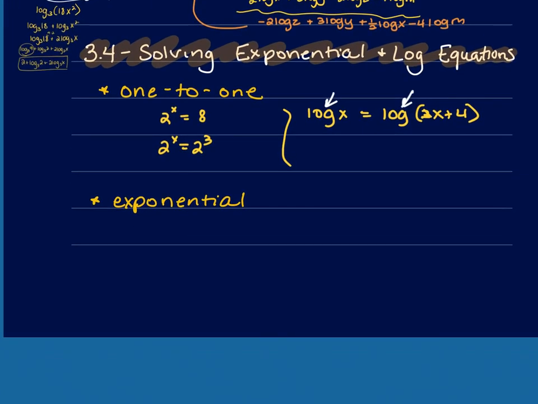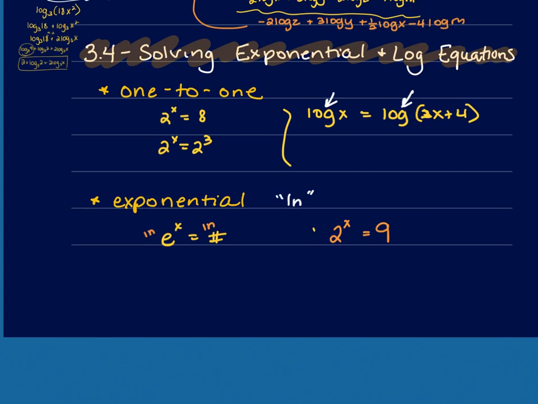Then came exponential, where you are ln'ing both sides of the equation. So if I had e to the x equals a number, or I had e plus or minus something, I have to get e by itself. And then I would ln both sides of the equation. Same thing's going to happen if I got to something like 2 to the x equals 9. I cannot make 9 have a base of 2, right?